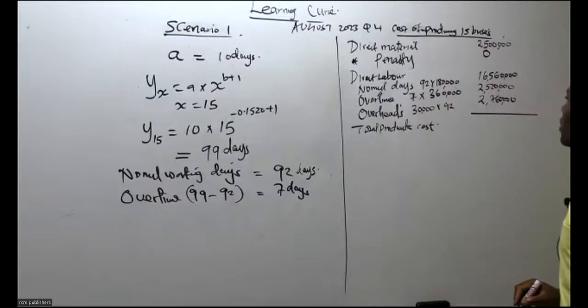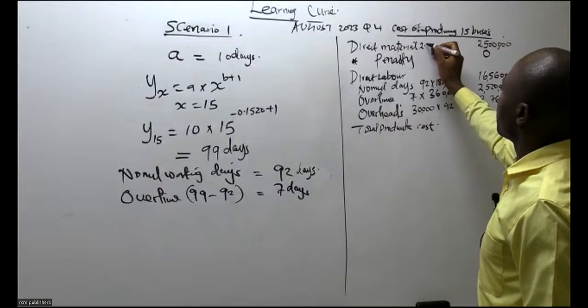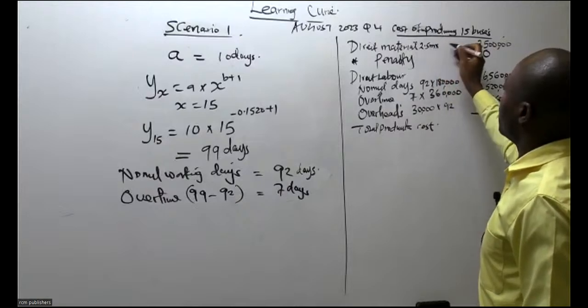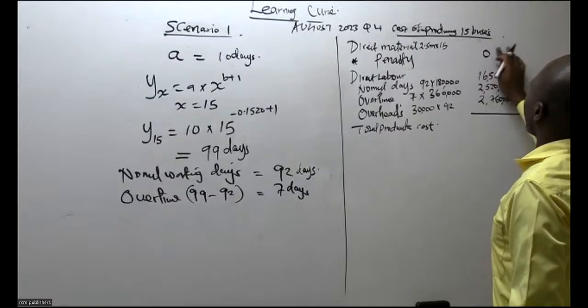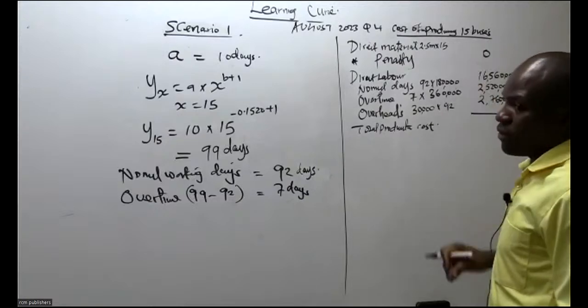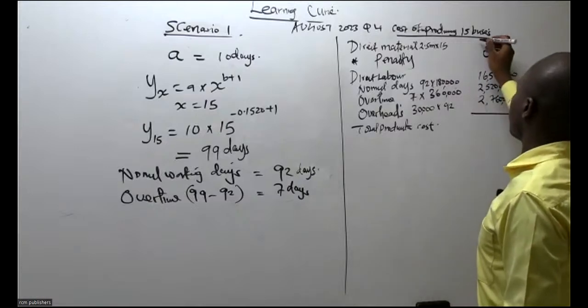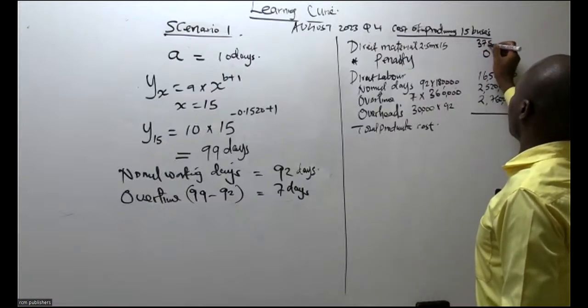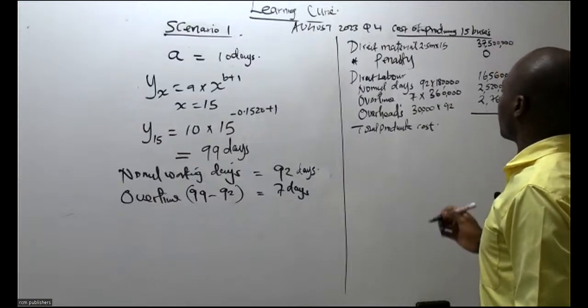Oh, well, thank you. It is 2.5 million for each bus and there are 15 buses. So how much do we have here? 37,500,000. So you have to be keen on that.